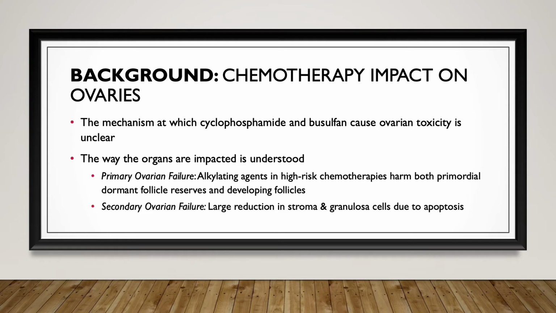Agents in chemotherapy cause DNA damage via cross-linking within these cells. Therefore, protective mechanisms in the body initiate cell death in those cells via apoptosis. Because granulosa and stroma cells are very important when it comes to regulating hormones, the depletion of these cells causes inadequate regulatory signaling between the reproductive organs, the pituitary gland, and the hypothalamus.